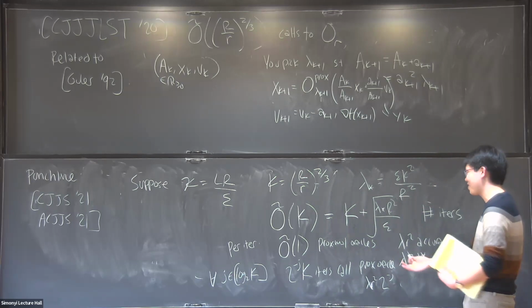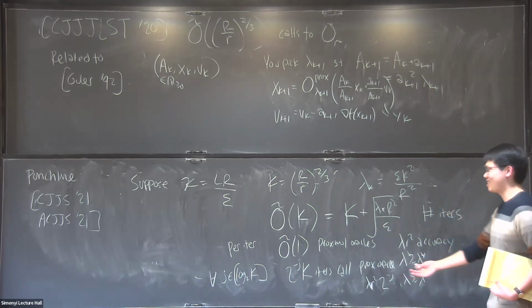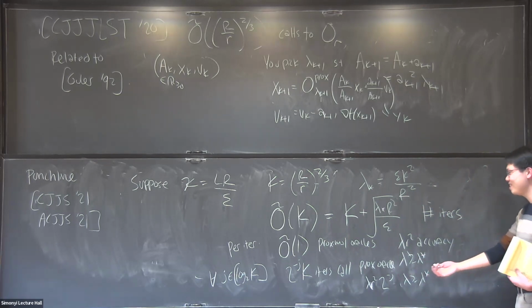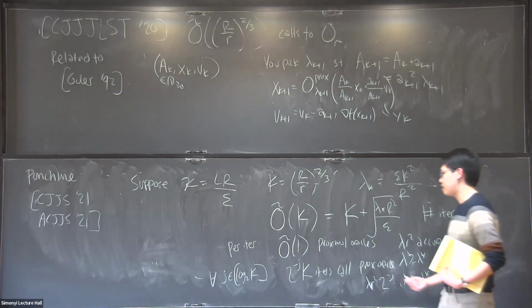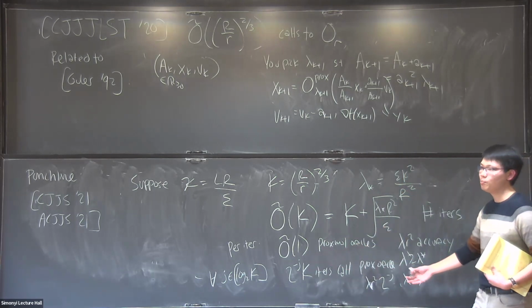This is sort of the most technically cumbersome part of this framework, but roughly speaking, all it's saying is that in a few iterations, you have to solve to slightly higher accuracy, but in a way that this amortizes out.